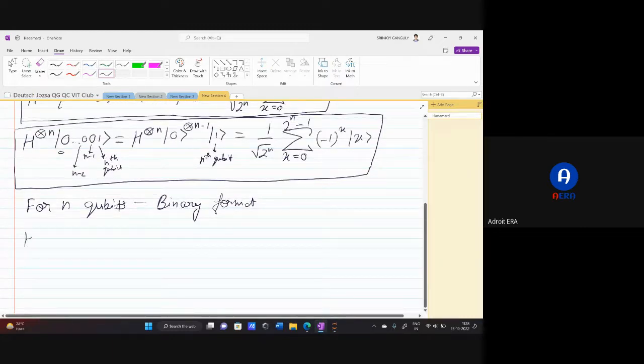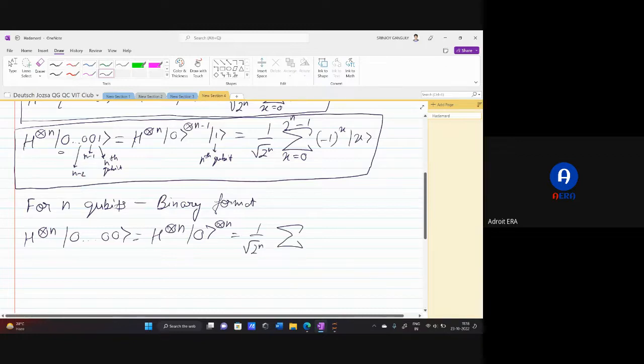Again, H tensored n on all zeros, and then H tensor n on ket 0 tensored n will be 1 by root 2 to the n, summation. And now we are going to write in binary.